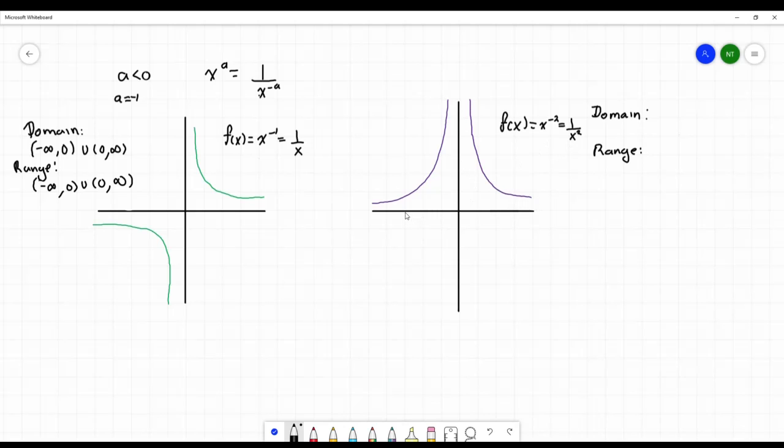But also notice that the range cannot be negative, right? Because x squared, when you put any value of x in there, it's going to become a positive value. So the range cannot be negative. So the range in this case is 0 to positive infinity, and the domain is still the same as the case of the odd. So -infinity to 0, because it can't include 0, union 0 to positive infinity.